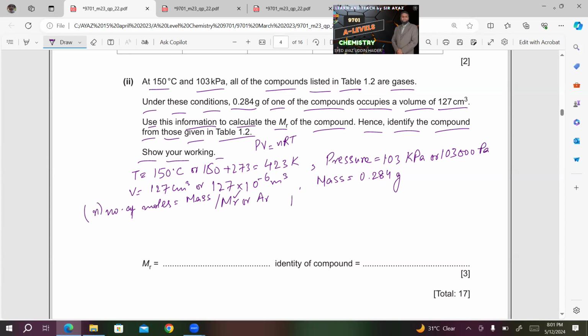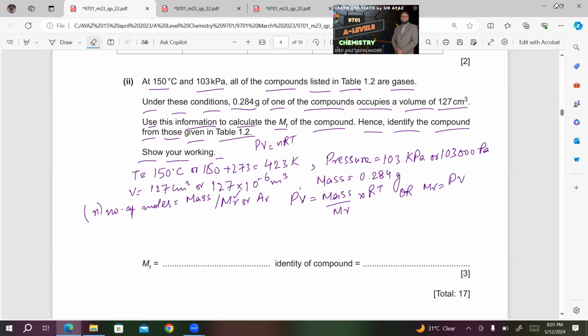We will get PV is equal to mass by MR multiplied by RT, or MR is equal to mass into RT by PV.